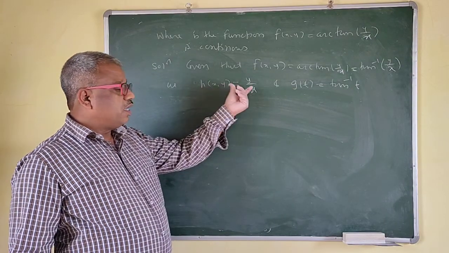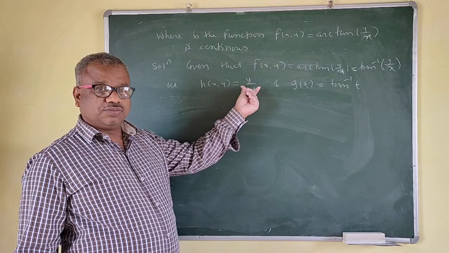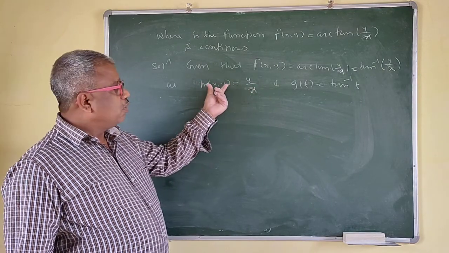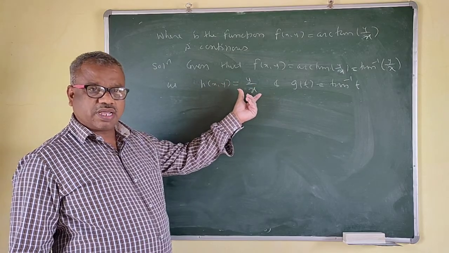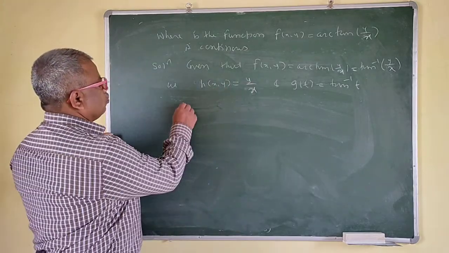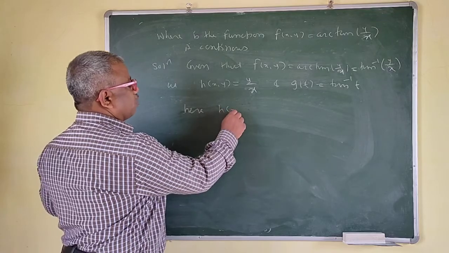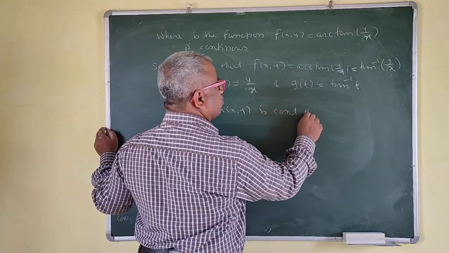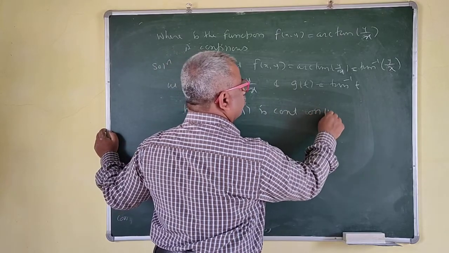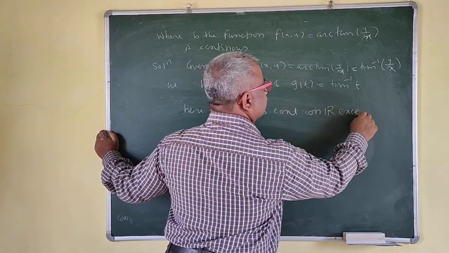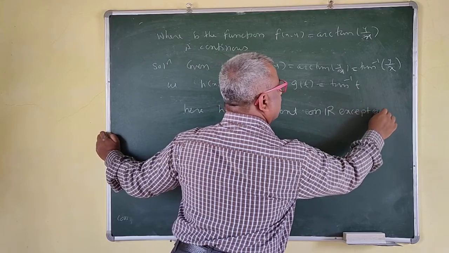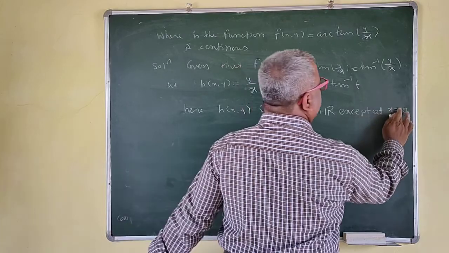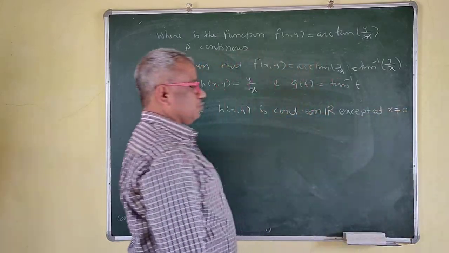Now this h of xy is again a rational function, right? So we know that a rational function is polynomial upon polynomial. We know that a rational function is continuous everywhere except at the zero of the denominator. So here h of xy is continuous on R2 except at x is equal to 0, right?